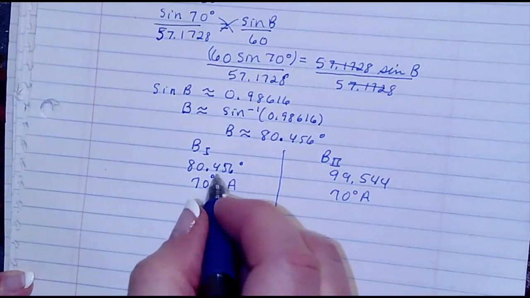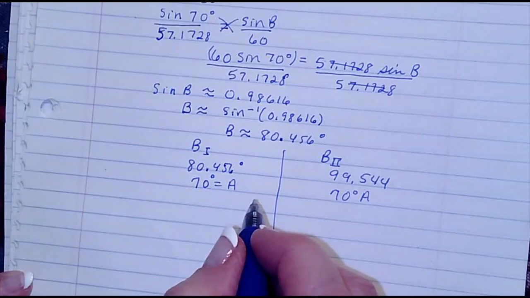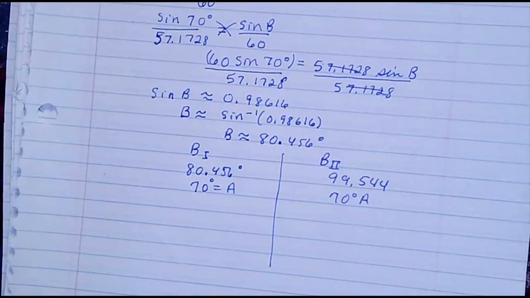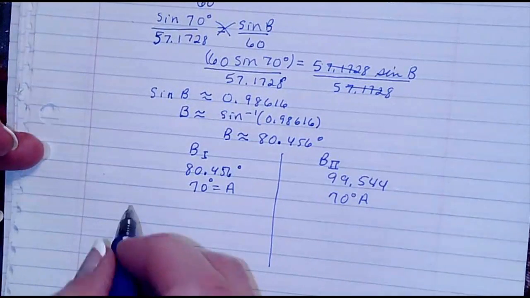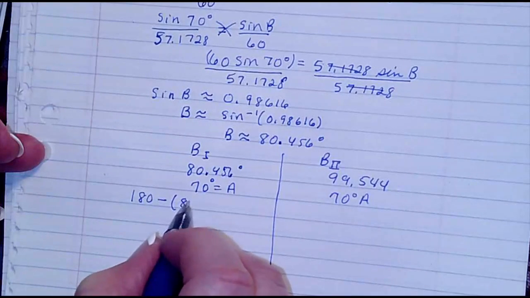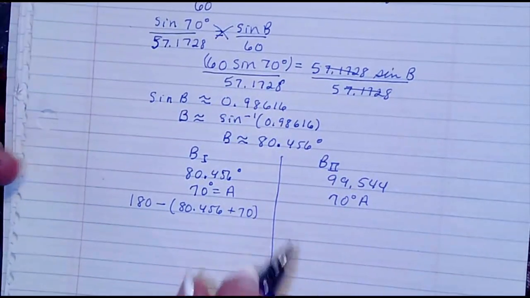Well, I take these two angles, add them together, and then subtract from 180, because we know all the angles of a triangle have to add to 180. So I'm going to add the 80.456 and the 70 and subtract from 180. So we're going to write it as 180 minus parentheses 80.456 plus 70. And that's going to give us our C.